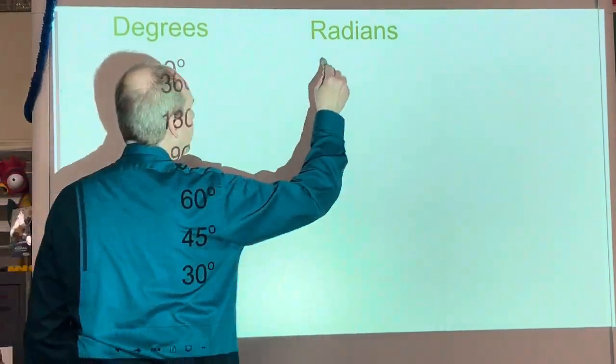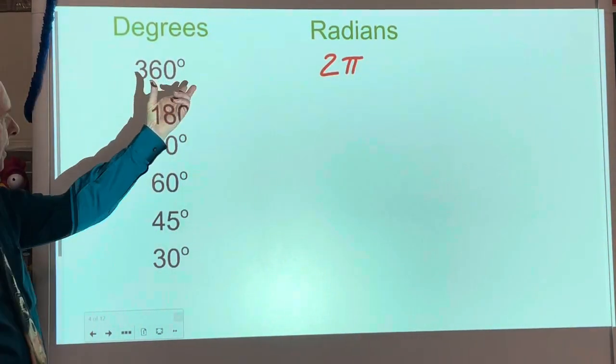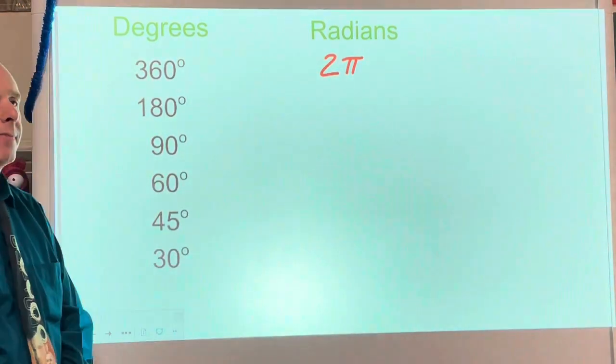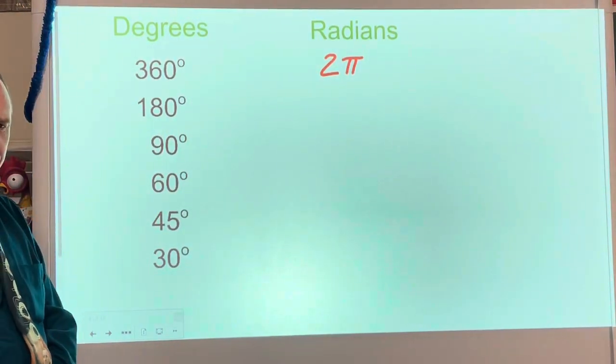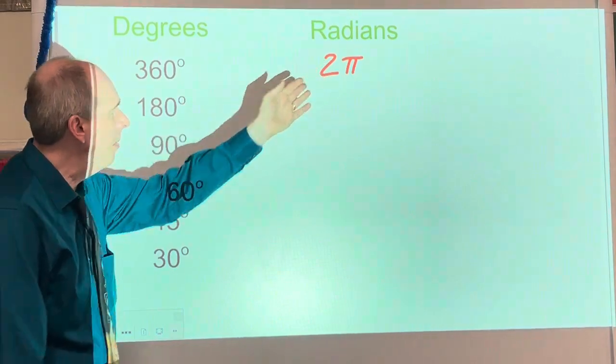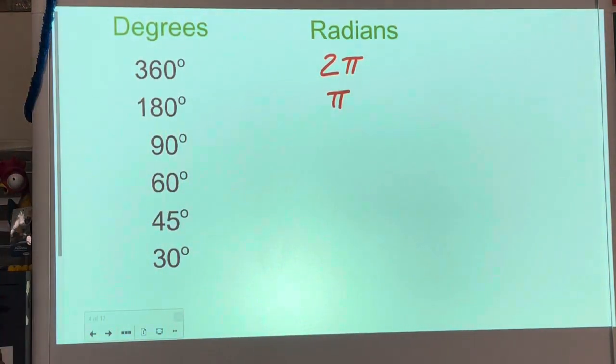360 degrees, we just said, was 2 pi radians. This is a full circle in radians. So if we're talking a full circle, what would half a circle be? Well, half of 360 is 180. Half of 2 pi would simply be 1 pi, or pi.